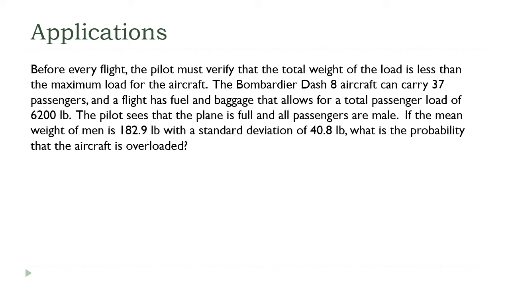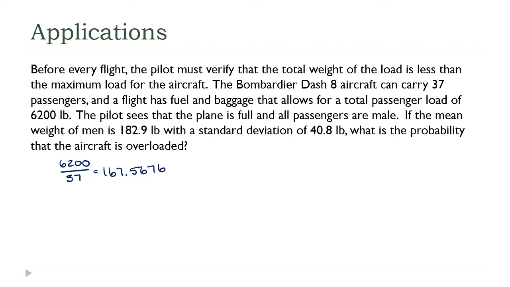Okay, well here's my first thought. I've got to talk about averages when we're talking about a group. So if the plane can carry 6,200 pounds, and that's spread over 37 passengers, then the average weight of a passenger is going to be 6,200 divided by 37, which is 167.5676.